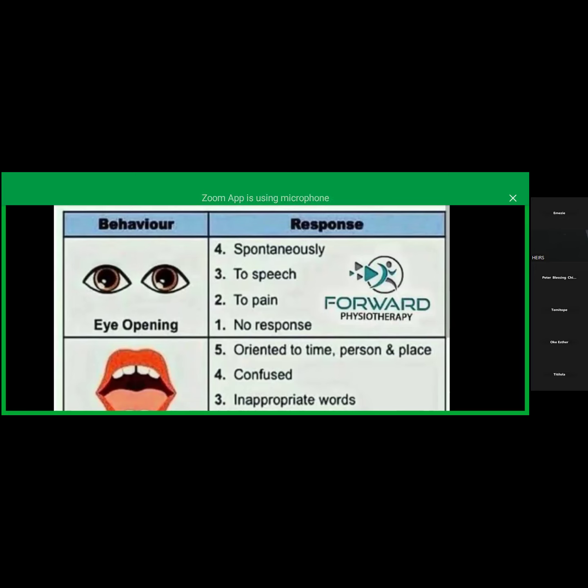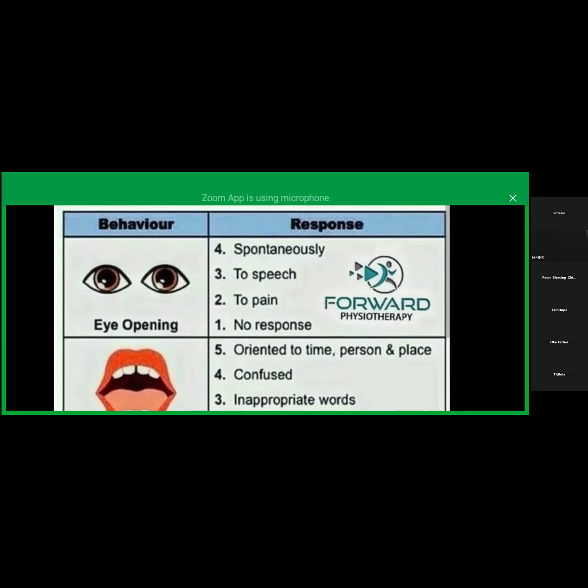But let's say we go into the ward and we look at that patient. The patient's eye is closed. But when we call that patient's name, let's say the patient's name is Paul, we call Mr. Paul, and that patient opens the eye. The eye opening is 3.